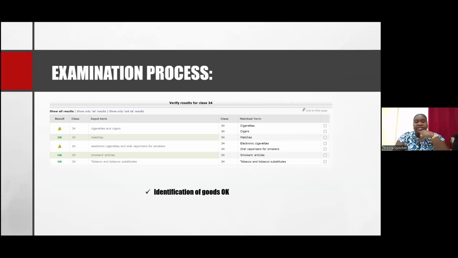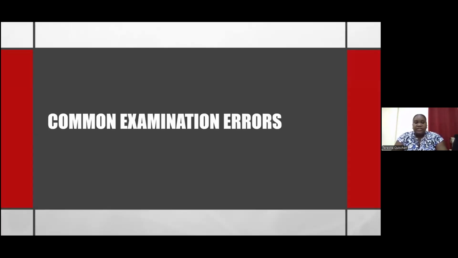Based on this information, we then determine whether to accept or to refuse the term. In this example, we found the identification to be acceptable. For example, matches in class 34 is acceptable. Cigarettes and cigars is partially acceptable. So now I will move on to the common examination errors that we come across while examining.